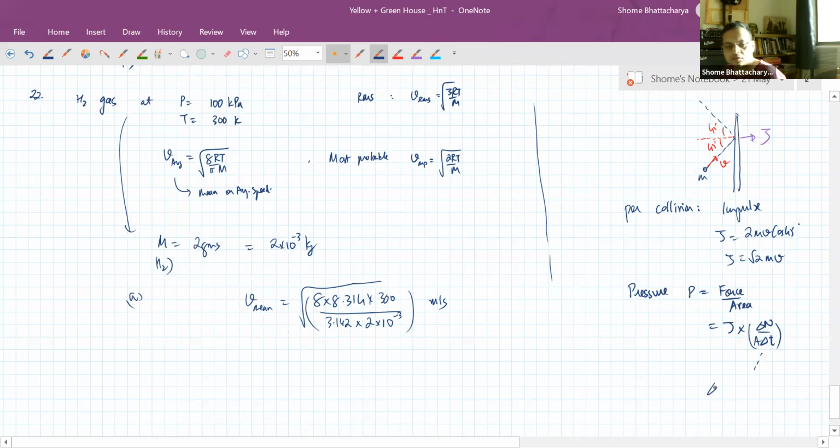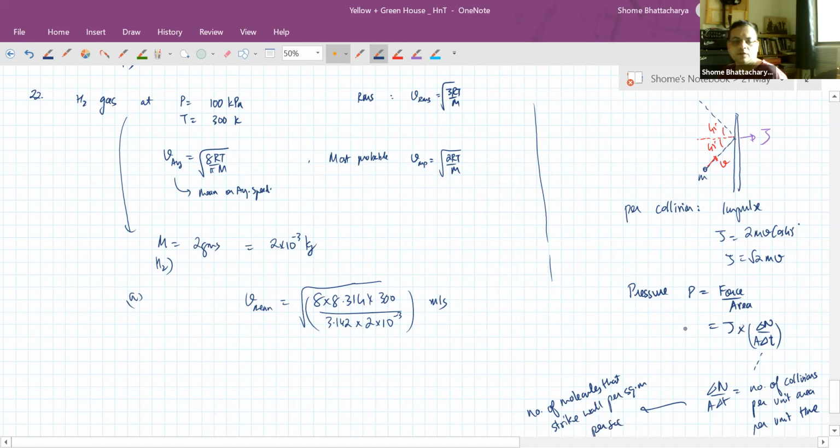So this delta n by A into delta T is the number of collisions per unit area per unit time. So that is basically the number of molecules that strike the wall or impact the wall per square meter per second.